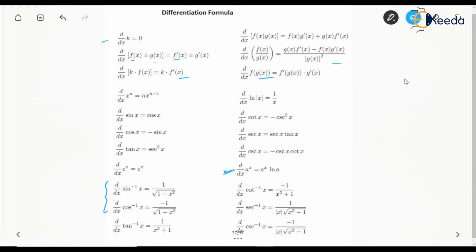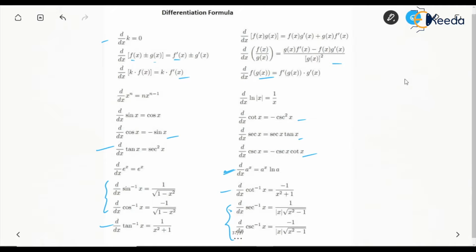Similarly, the arc tan and arc cot also differ by only a sign, and sec inverse and cosec inverse will also differ by a sign only. Apart from this, we are very aware that tan x differentiates to give sec square, cosec gives minus cosec cot x, sec gives sec x tan x, cos gives minus sine, cot gives minus cosec square x. These are all known, right?